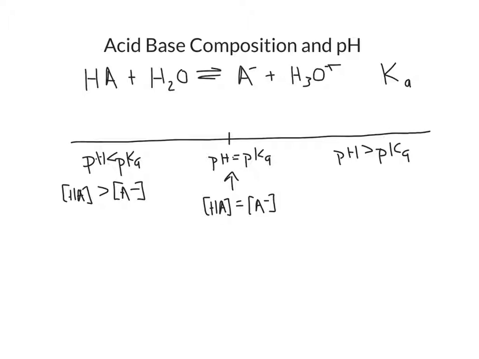On the other hand, if I'm in a regime where my pH is more basic, pH is greater than pKa, then that will be as though I have removed H3O+ from solution, causing my reaction to form more conjugate base. And so over here, I will have more conjugate base than conjugate acid.